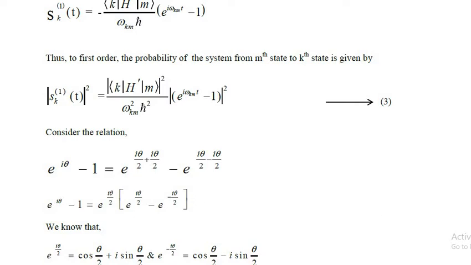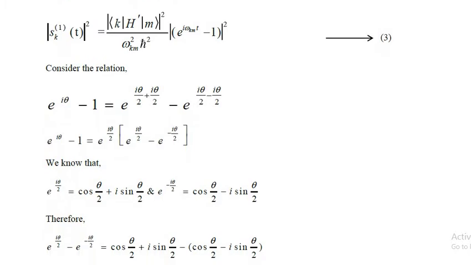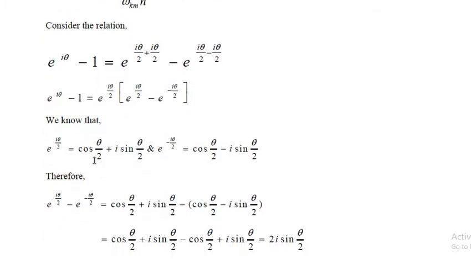And we know that e power i theta by 2 is equal to cos theta by 2 plus i sin theta by 2, and e power minus i theta by 2 is equal to cos theta by 2 minus i sin theta by 2. Therefore, the terms inside the bracket can be written as, that is e power i theta by 2 minus e power minus i theta by 2 is equal to cos theta by 2 plus i sin theta by 2 minus of cos theta by 2 minus i sin theta by 2.